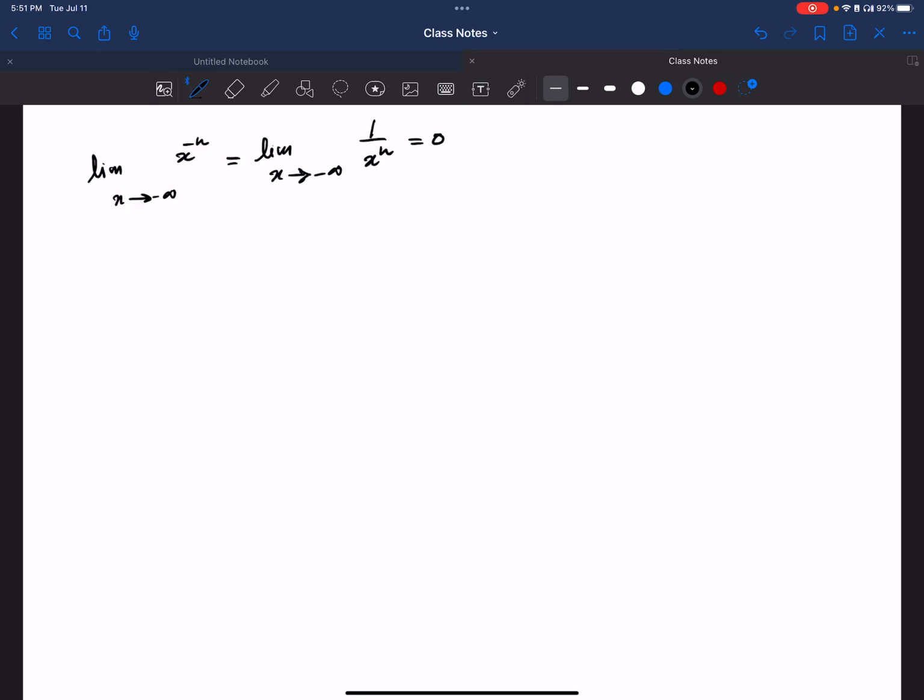So once again, to summarize, for all n greater than 0, the limit as x goes to infinity of x to the power n goes to infinity, and the limit as x goes to infinity of x to the power negative n goes to 0.